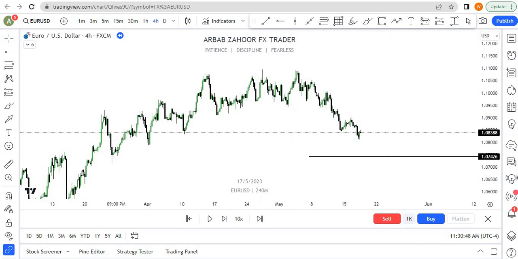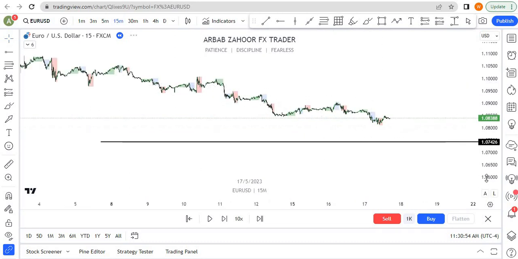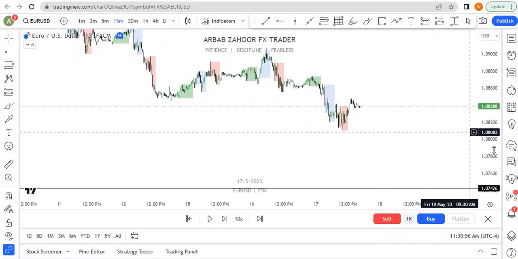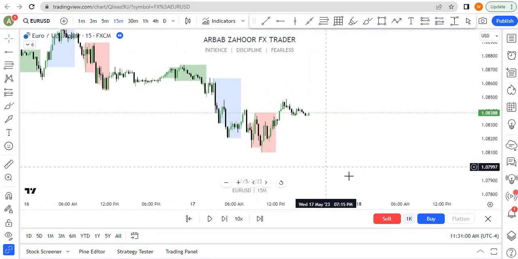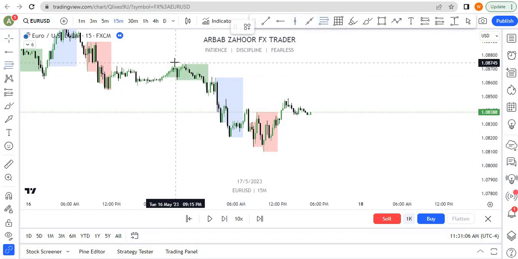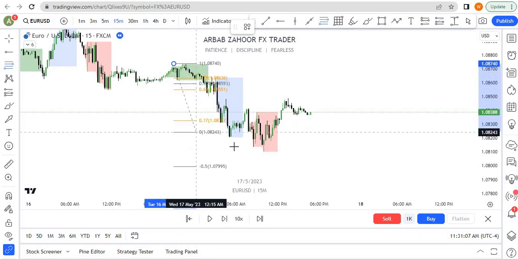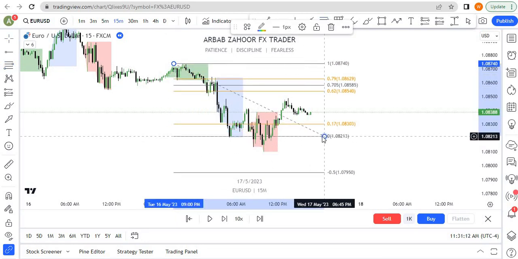Now what I have to do is go to the 15-minute time frame and find a recent swing point where I can take a trade. So here was this level, where price did not come and broke the zero level.